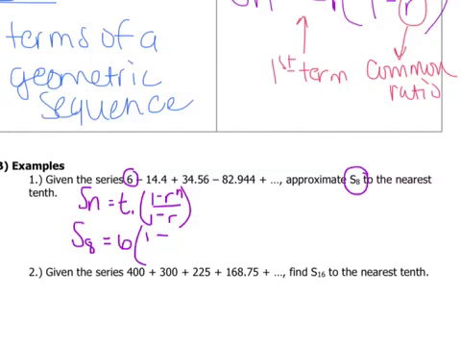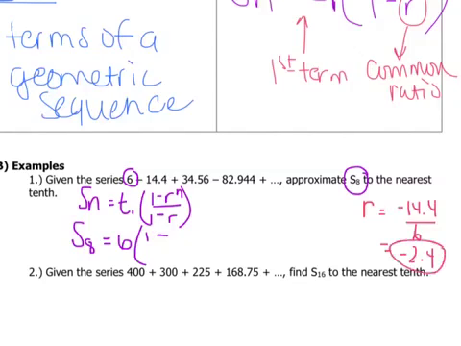How did you get that? I just put the difference between 6 and negative 14.4. You did what? I did 14.4 divided by 6. Exactly. Guys, the common ratio is the ratio of, in this case, term 2 over term 1 or term 3 over term 2. So you can always find that common ratio by dividing. Alyssa, what did you say it was? Negative 2.4. So now that we have that common ratio, we can plug it in.